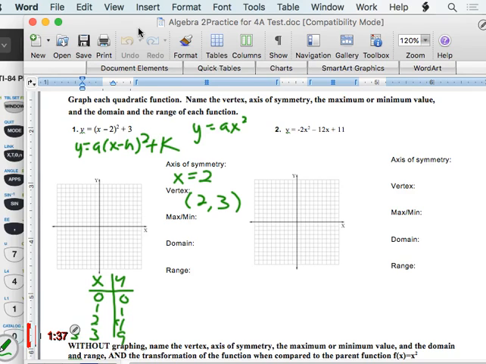And like I said, when we did this, it came back really easy to you because you've done it forever in exponential. But we've got 0, 0, 1, 1, 2, 4, 3, 9. And I realized that's only half a parabola. So then I have to think, how do I get the other half?